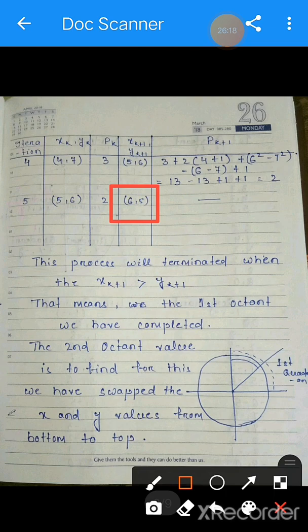The second octant value is to be found. For this we swap the x and y values from bottom to top. In this way we can find only the first octant. If we swap the values from bottom to top, then we will find the first quadrant values.